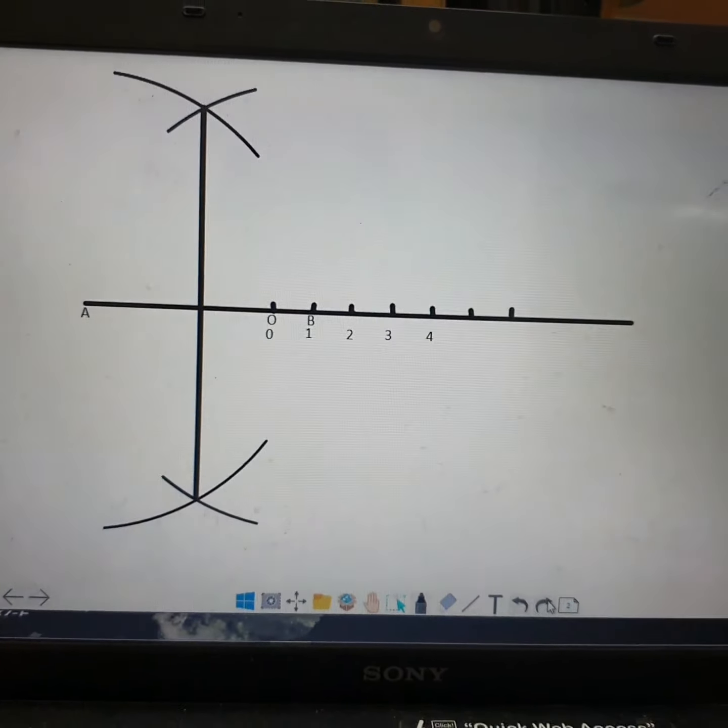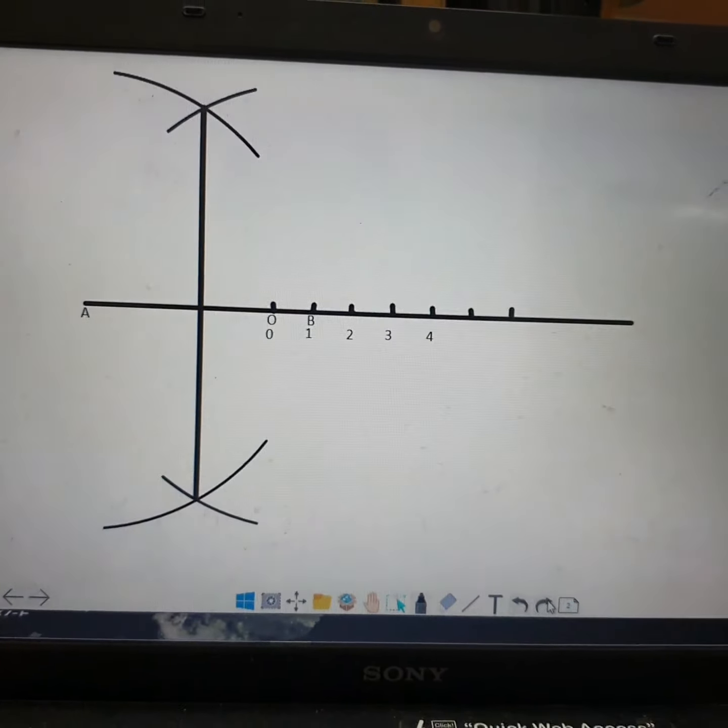Root of 6.5 will lie between 2 and 3. Why? Because 6.5 lies between two perfect squares, 4 and 9. Therefore the root of 6.5 will lie between 2 and 3. If it doesn't lie between 2 and 3, that means there is some mistake. It has to lie between 2 and 3. After this step, you will mark the point that you have got here as root of 6.5.